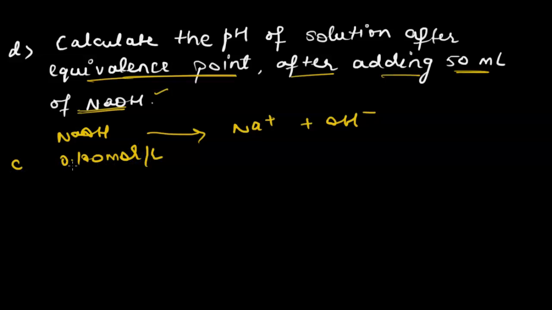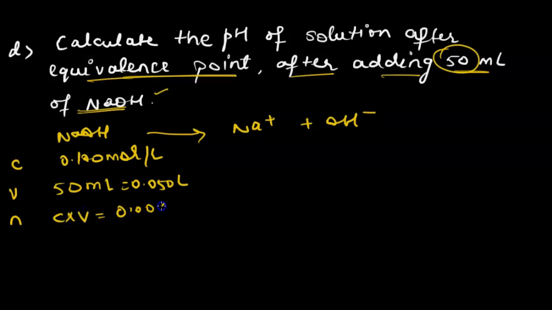So concentration is 0.100 moles per liter. Volume is now 50 ml added to the titration flask, which is 0.050 liters. So number of moles will be equal to concentration multiplied by volume, that is equal to 0.005 moles. Now we have hydroxide moles equal to 0.005.